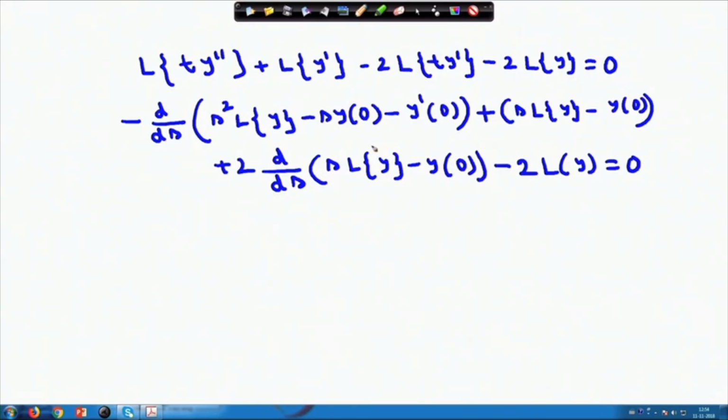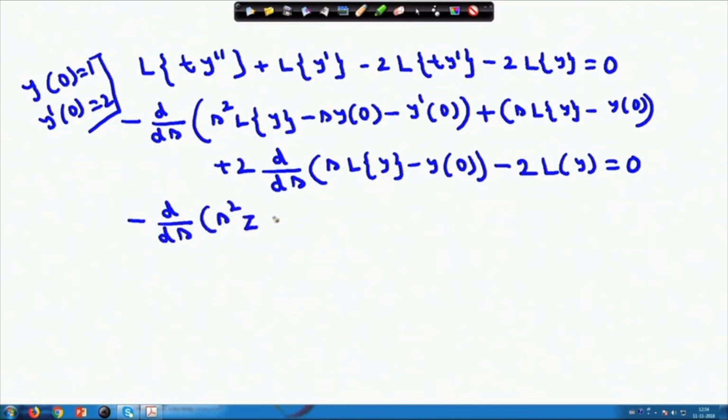Now, here you substitute the values of y naught, y 0, y dash 0 from the given condition. According to the given condition, y 0 is equals to 1 and y dash 0 is equals to 2. So, if I substitute these values in the given equation, then I will obtain minus d d s of s square z minus s minus 2, plus s z minus 1.